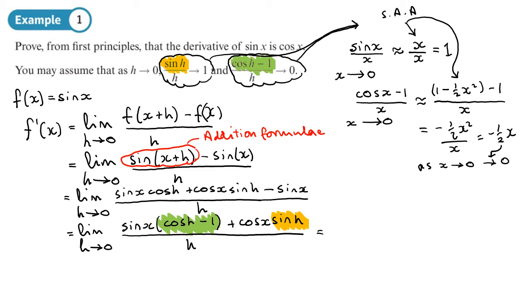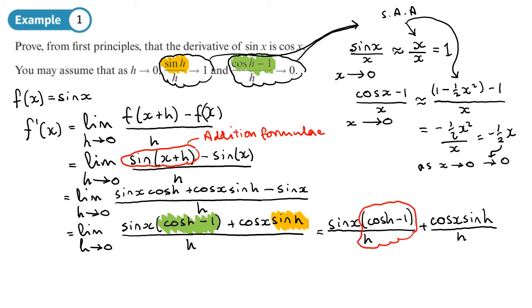So we've got equals sine x cos h minus 1 over h plus cos x sine h all over h. So we have these bits here. You see that? Basically, that's what we've got at the top.